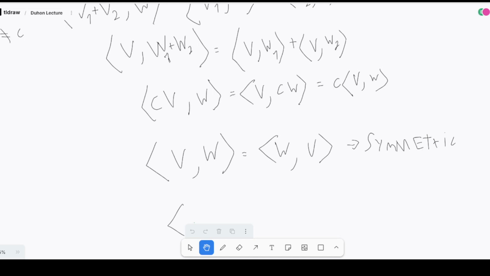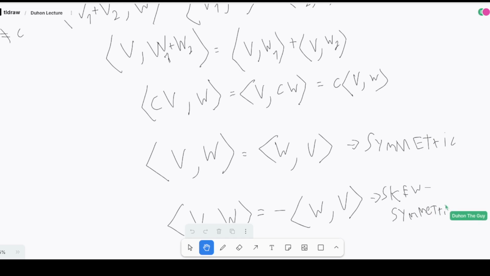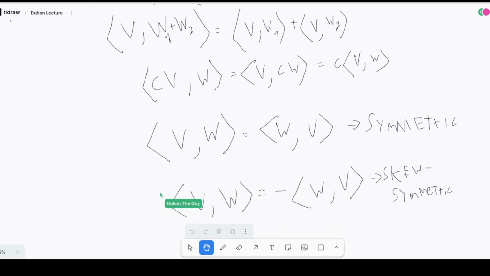But then we have another type, which is called skew symmetry. We can do this, and this is going to be equal to minus WV. So that is skew symmetric.